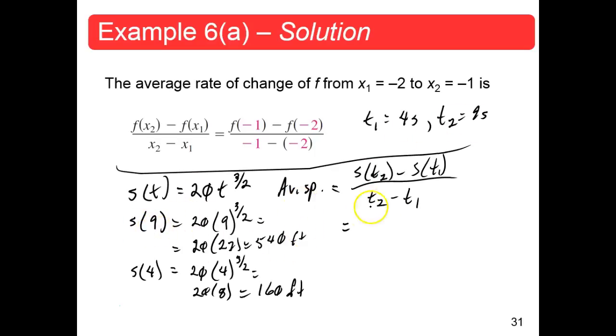So S of 9 was 540 feet minus 160 feet divided by 9 seconds minus 4 seconds. And what's 540 minus 160? A little louder? What did you say? Okay, I can't hear.